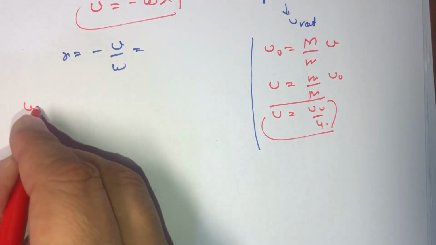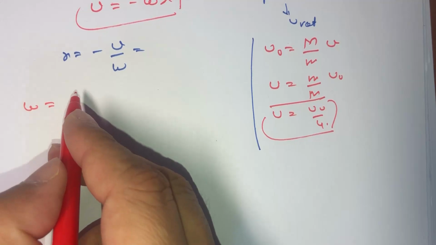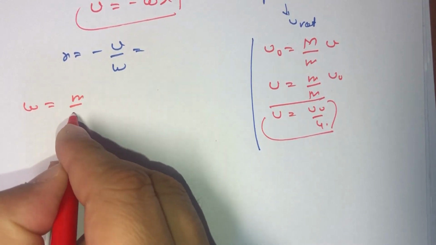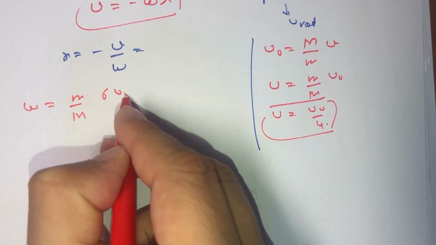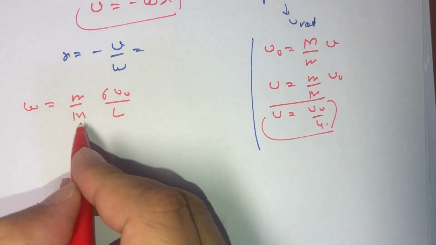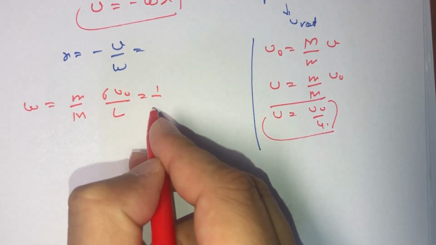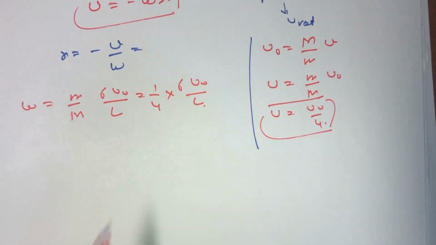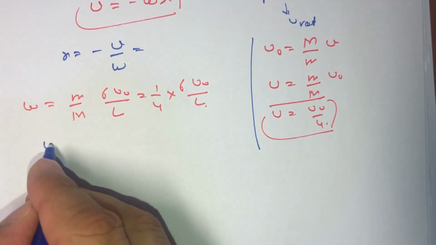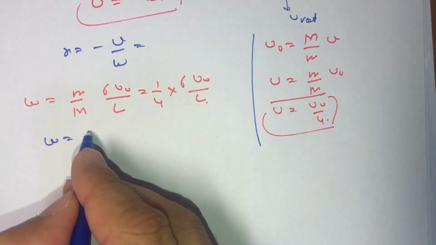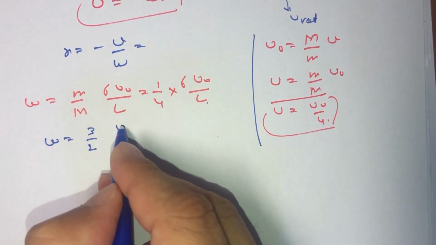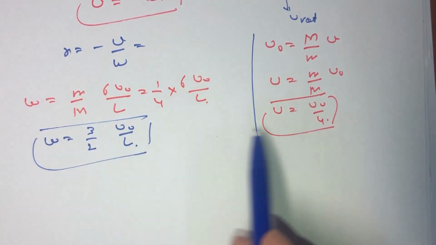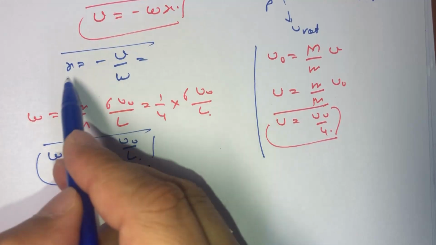We can see omega is equal to, we already know the equation, m upon capital M into 6 V naught upon L. So m upon capital M is 1 by 4, so this becomes 1 by 4 times 6 V0 upon L. Therefore we get omega is equal to 3 by 2 V0 upon L. So we got omega as well as V in terms of V0, and we are going to substitute it here.